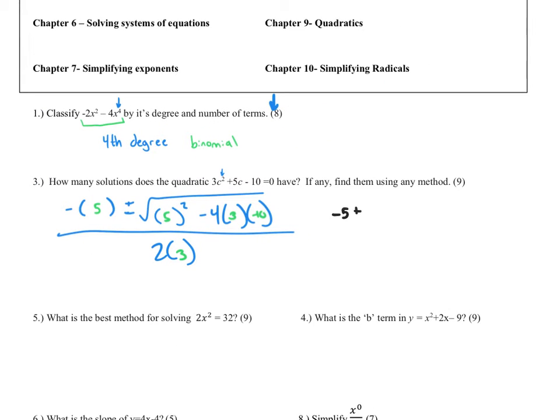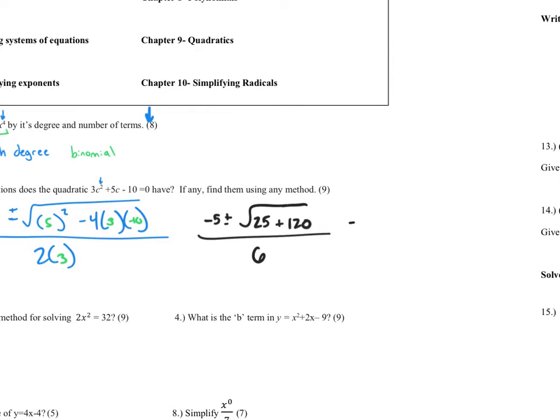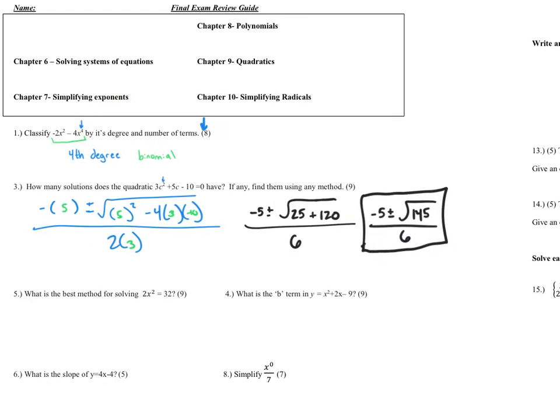So then we'll have negative 5 plus or minus the square root of 25 plus 120, all divided by 6. So we'll have negative 5 plus or minus the square root of 145 all over 6. Now, you can attempt to simplify the square root of 145, but there's no perfect squares within it. So that's our final answer.